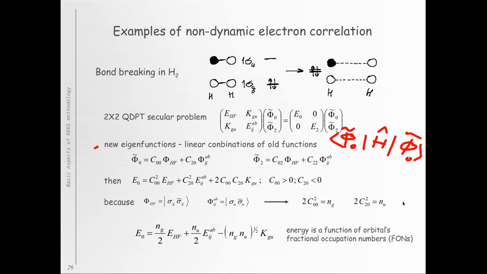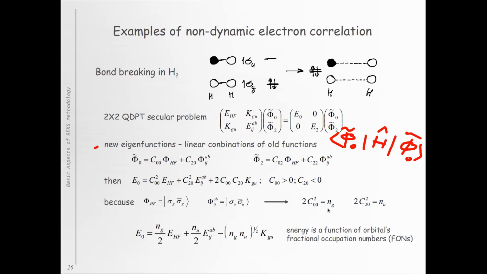This is, I think, an important realization in this field of multi-configurational wave functions. It is often used in the analysis of multi-configurational wave functions. In the case of CASSCF, for example, these occupation numbers will be natural orbital occupation numbers. They are typically associated with that.